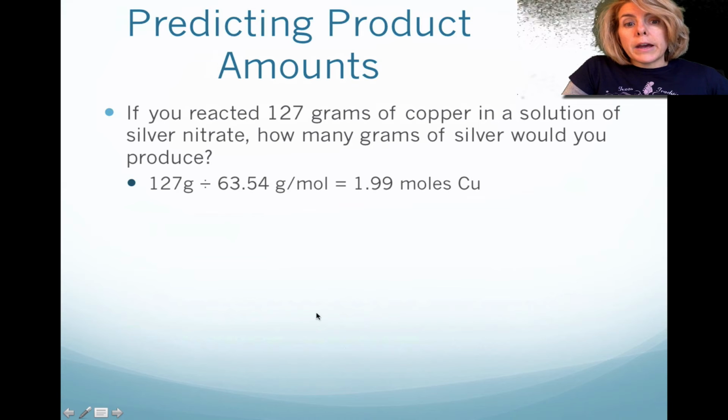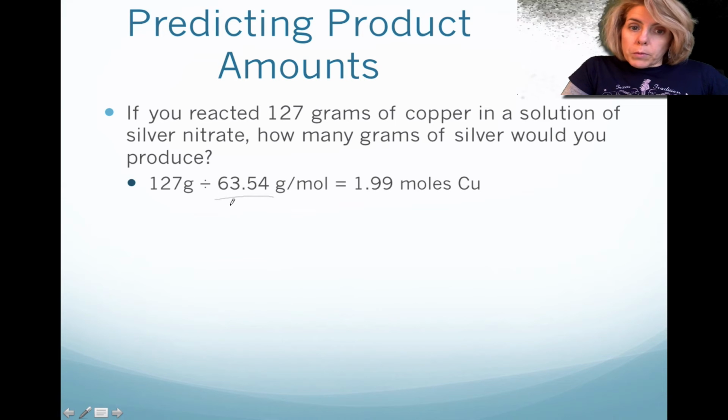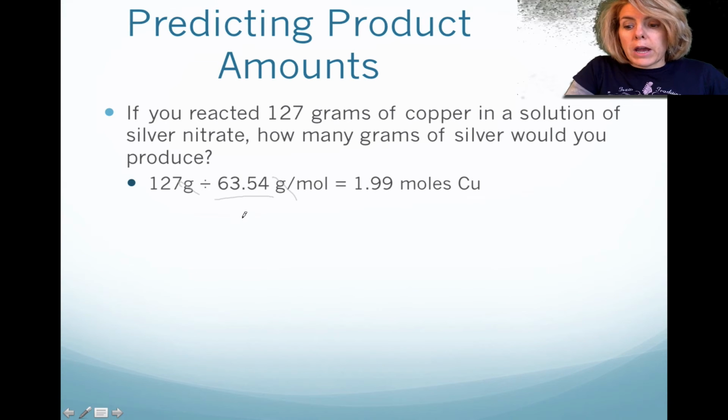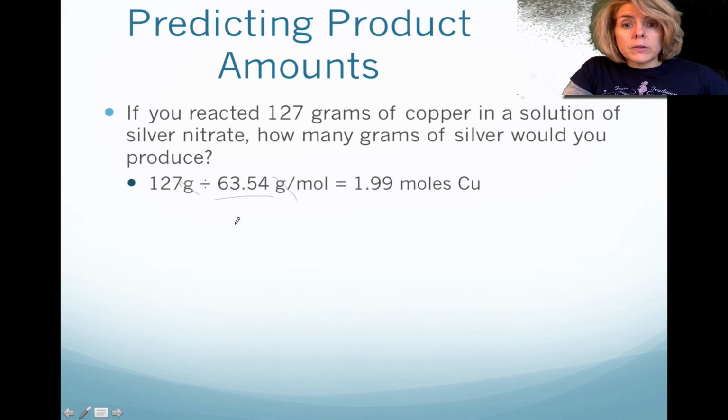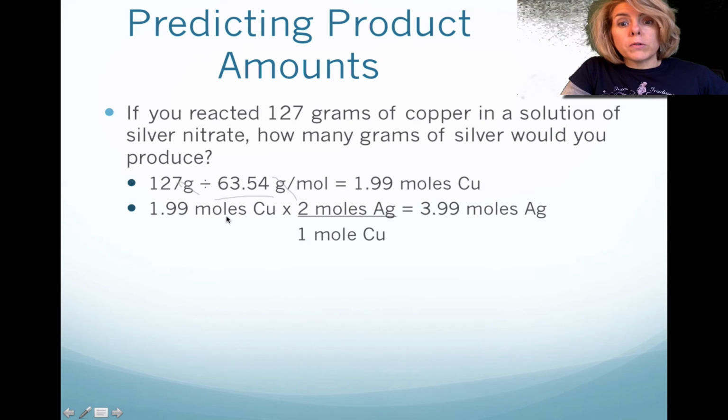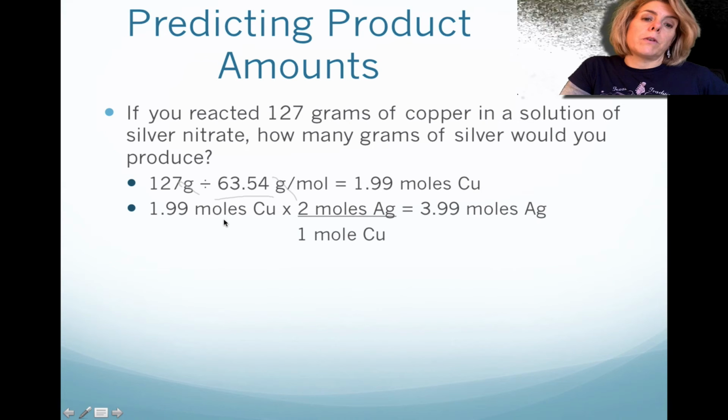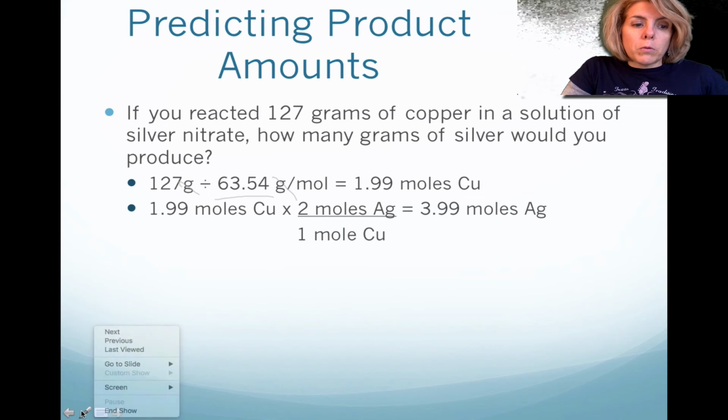So when we do that, notice that we're dividing it by the molar mass of copper. And molar mass of copper is 63.54. So when we do that, we are left with moles because grams cancel out, and that gives us moles of copper. Now we want to convert copper to silver, so this is where we need to look at the moles of silver versus the moles of copper. This is what we call mole ratio.